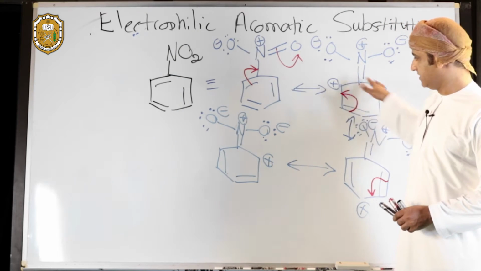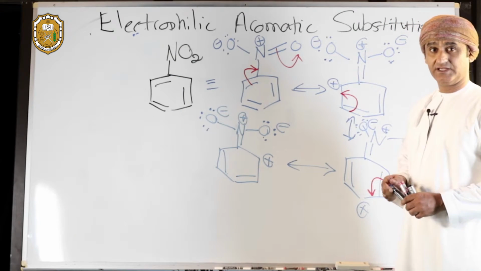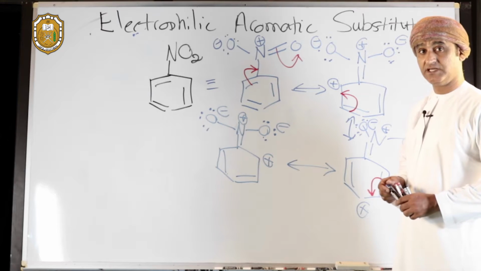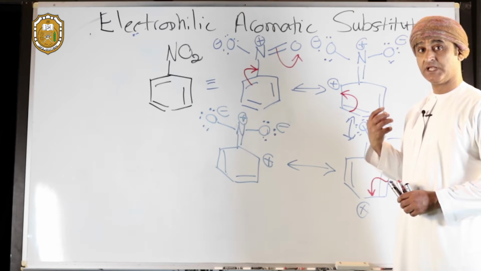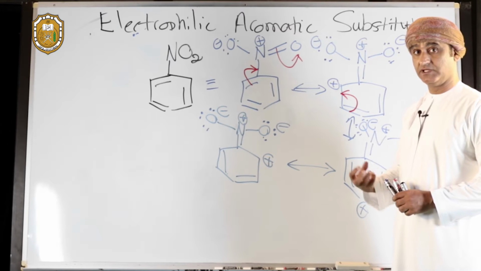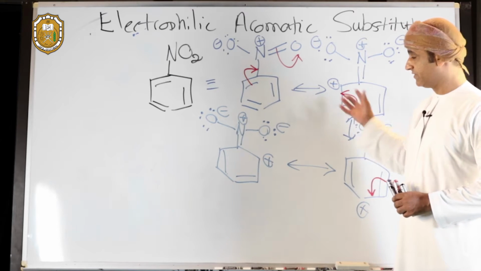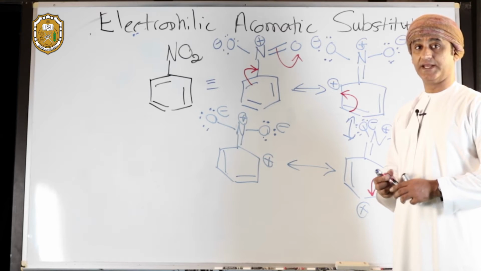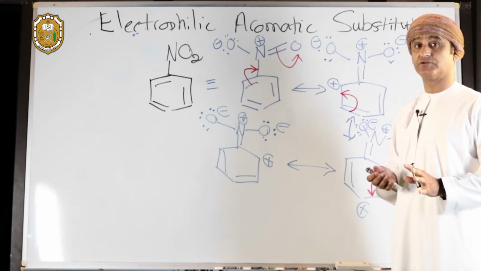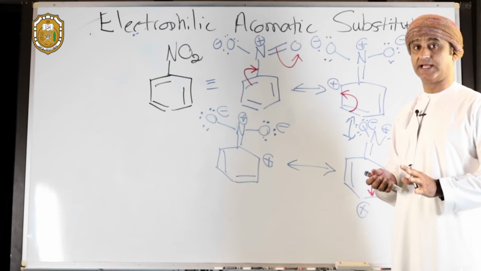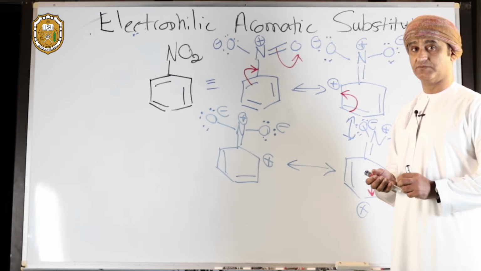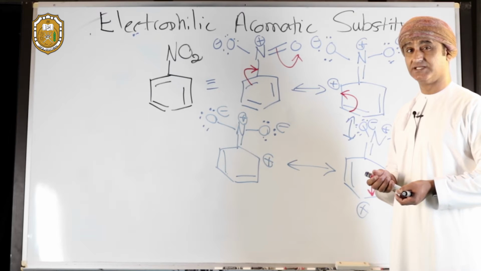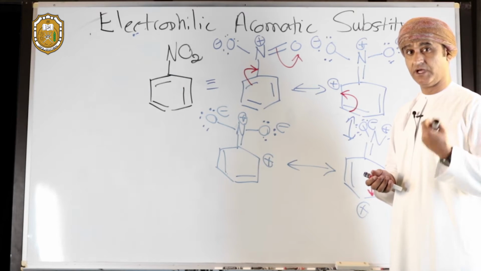So in all of these cases, the electron density in the benzene ring is significantly reduced, and therefore the nucleophilicity of this substituted benzene is also significantly reduced. As a result, the nucleophilicity of nitrobenzene is much less than that of unsubstituted benzene as a result of this resonance withdrawal of electrons.